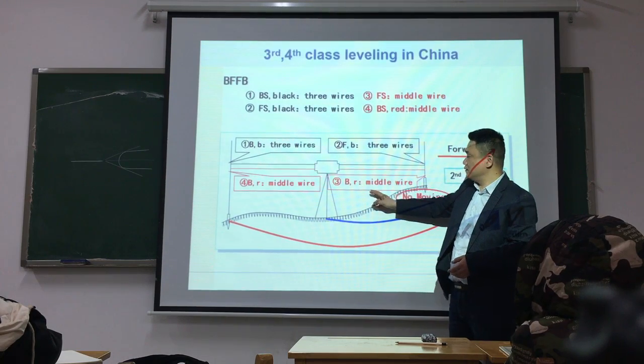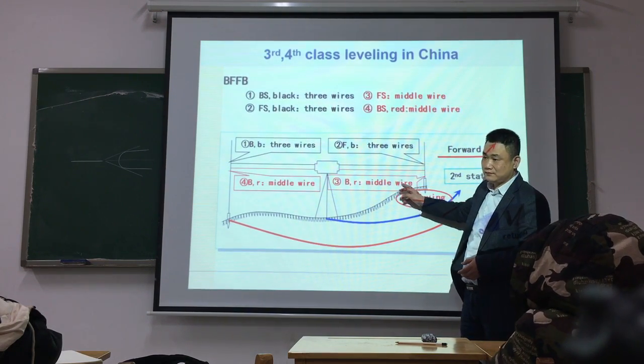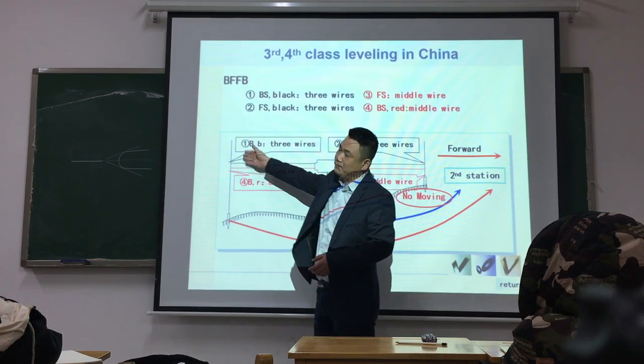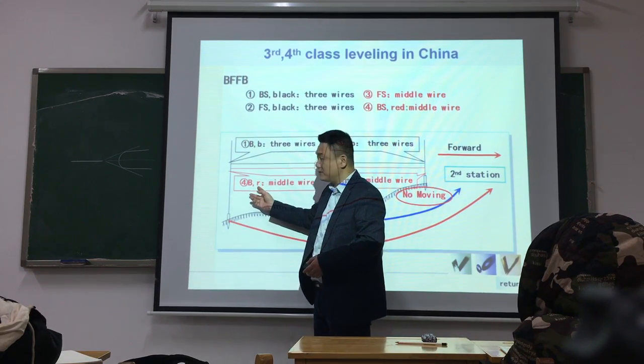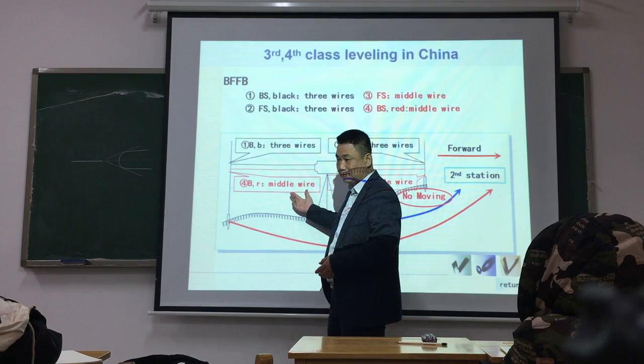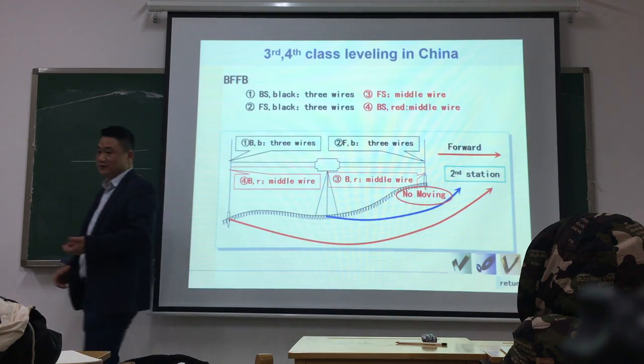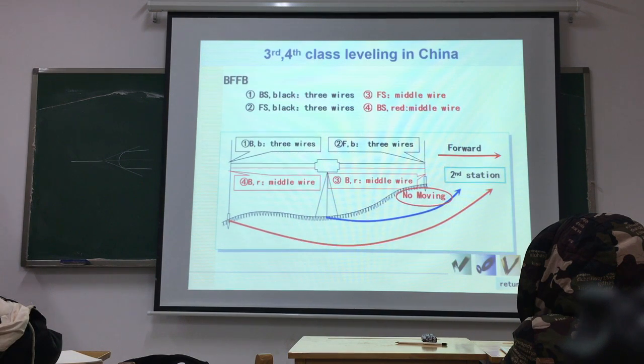Right face, middle, center, and rotate the telescope to the backside. Right face, middle. Okay, so we have 8 readings. Blackface we get 6, and red face we get 2. The total is 8 readings.